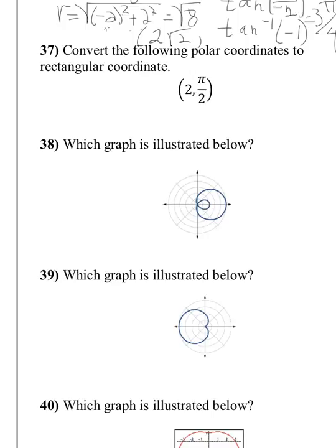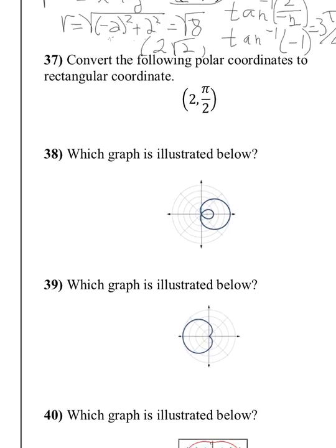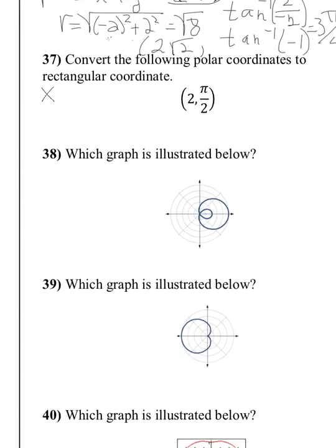Okay, the next problem, we're going to do the opposite from what we just did. This time we're going to convert the following polar coordinates to rectangular coordinates, and we're going to use formulas again that are going to be on your formula chart. Now, if I want to find my x value, I'm going to use this formula right here: x equals r cosine theta.